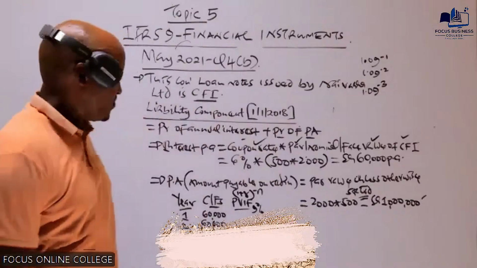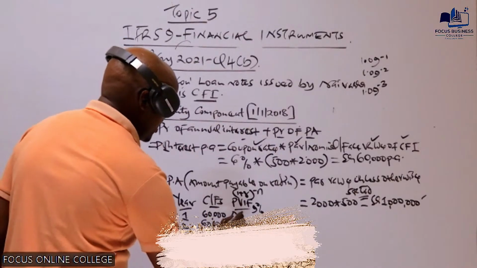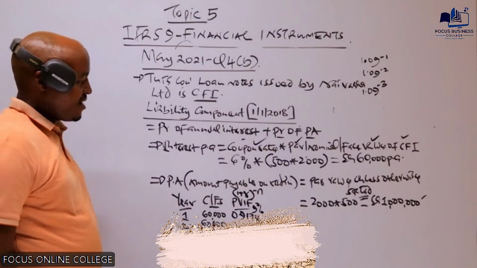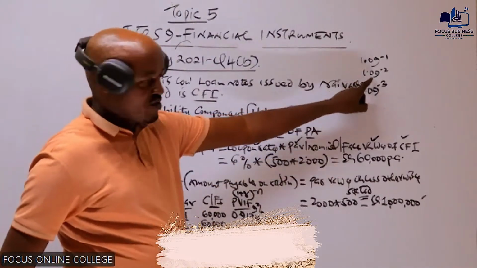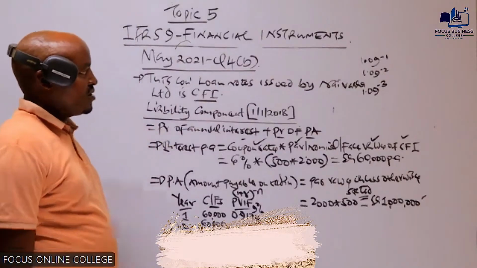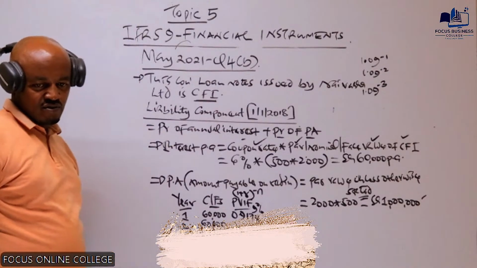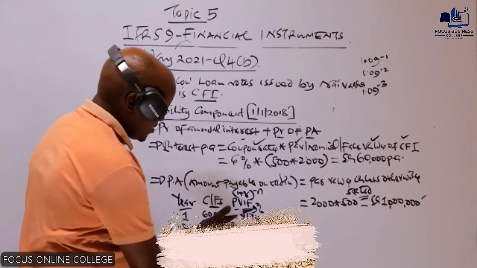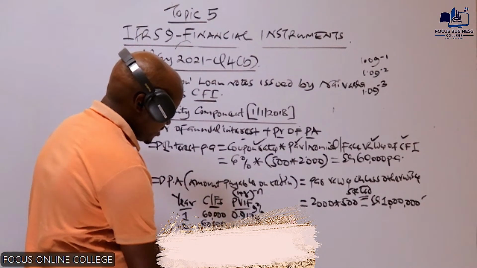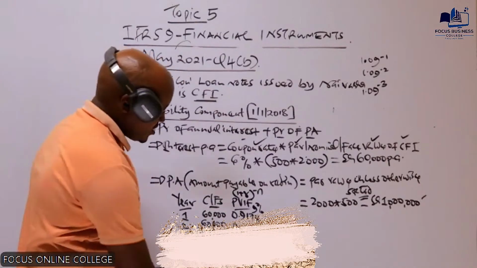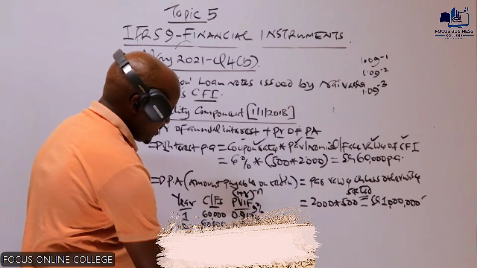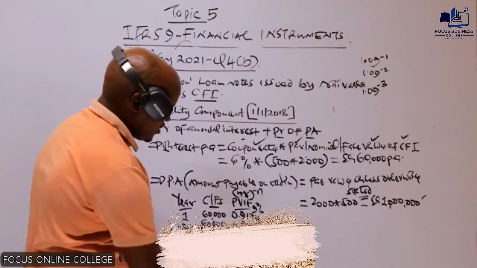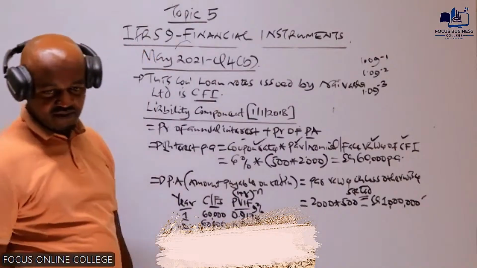So in year 1, the value is 0.9174. What about year 2? This is how we compute 1.09 raised to power negative 2, that is 0.8417, to the nearest 4 decimal places.